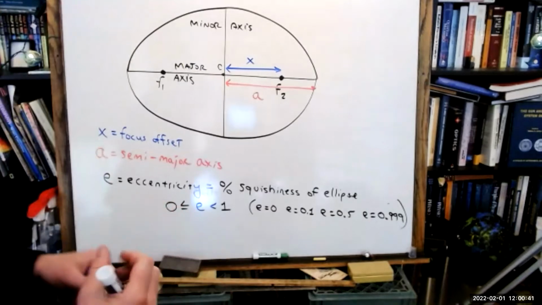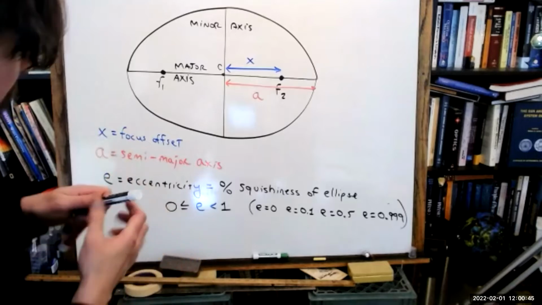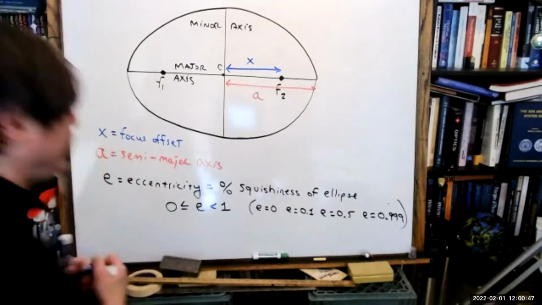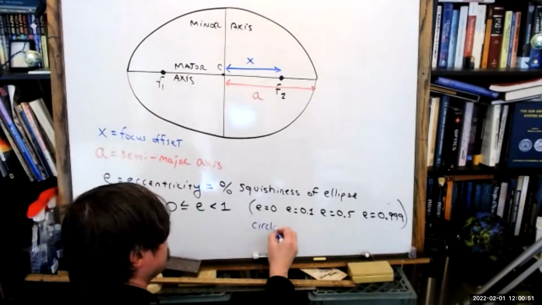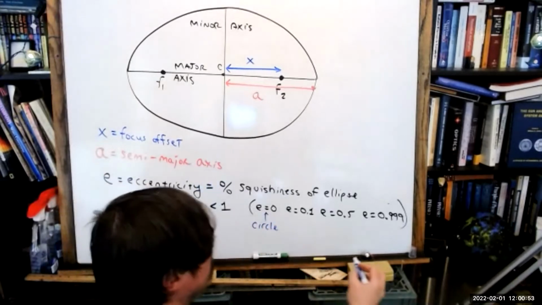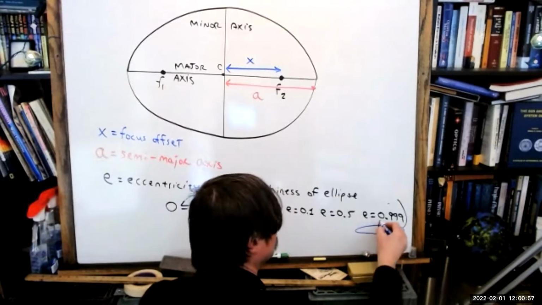As you change the eccentricity, we go from circular all the way to cigar-shaped. So an E of 0 for now, we can call a circle. And an E of 0.999 sort of looks like that, all right?